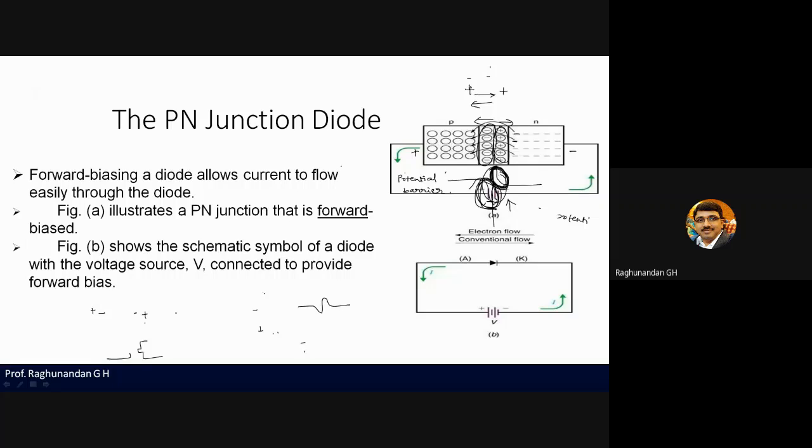When you have a negative potential barrier, it is going to oppose the flow of charges. But when you apply more supply voltage across the supply, then it is going to overcome this barrier potential, and they start moving.